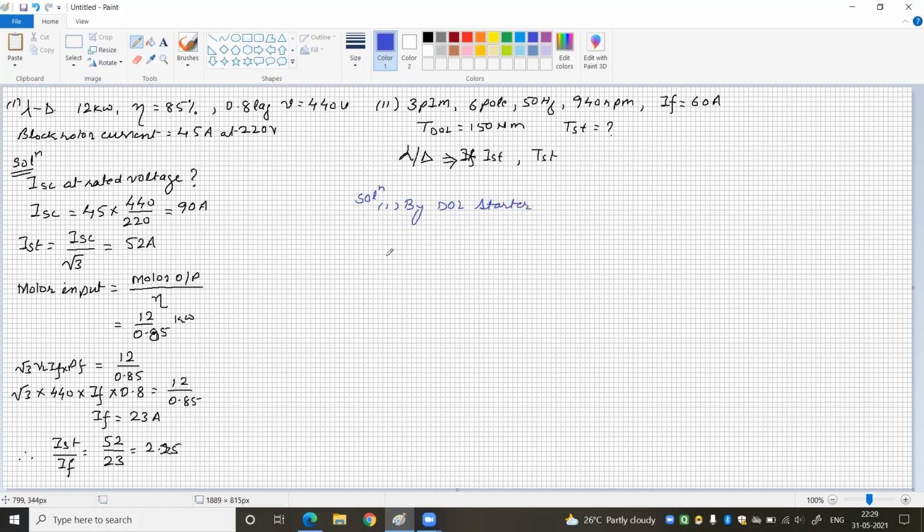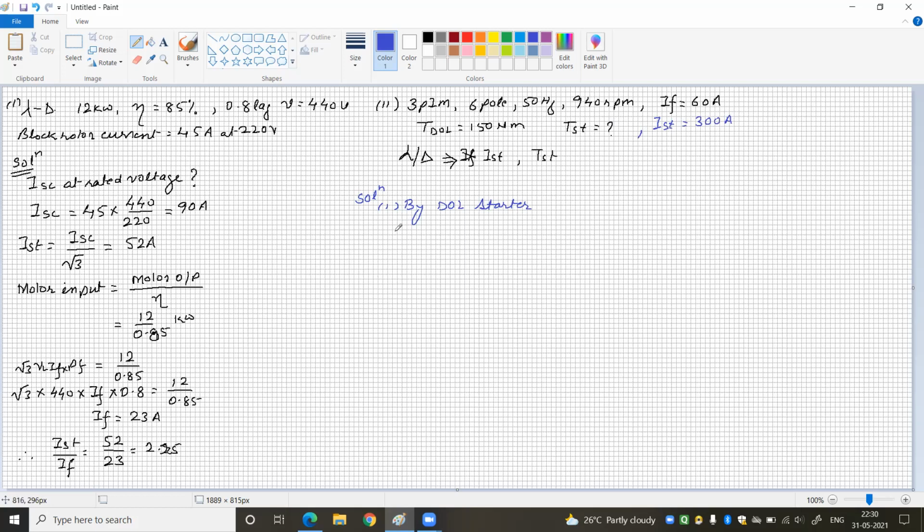by DOL starter, that is a direct online starter, there is no means to reduce the starting current. So here the full load current is given, whereas the starting current, here the starting current is given as ISC, equal to 300 ampere.